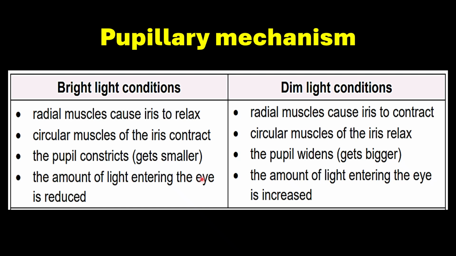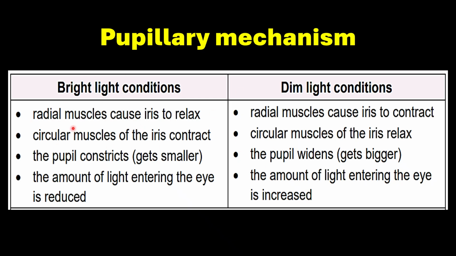The amount of light entering the eye is reduced to prevent blindness due to damage to the photoreceptors. Similar thing applies to dim light as the eye responds to the condition. Radial muscles contract, circular muscles relax, pupil widens, gets bigger, the amount of light entering is increased so that the person can see. So under each situation, the person will still be able to see.